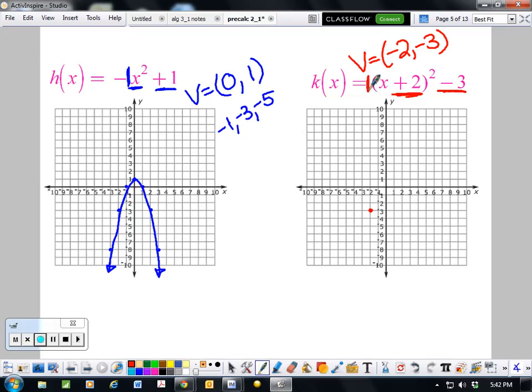And then our a value is 1, so it's going to be 1 times 1, 3 times 1, 5 times 1, and that'll allow us to graph. So up 1 over 1, up 3 over 1, up 5 over 1. And there's our quadratic.